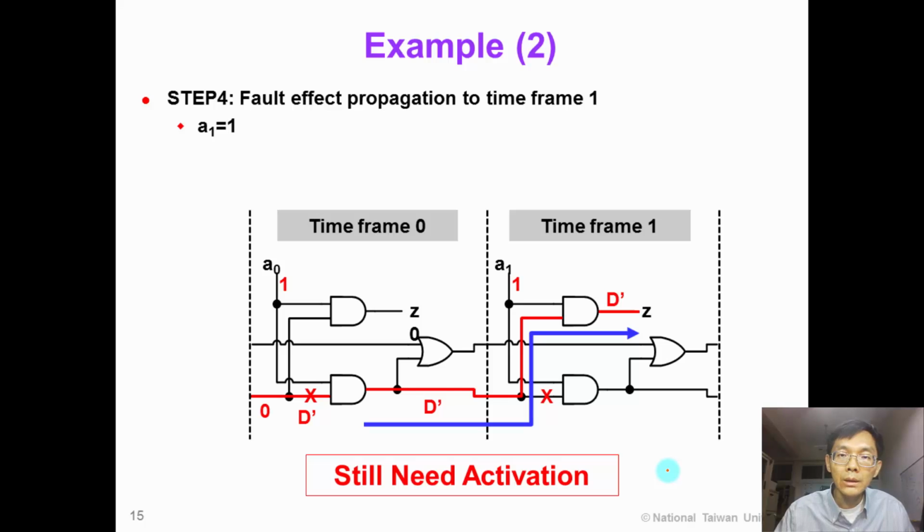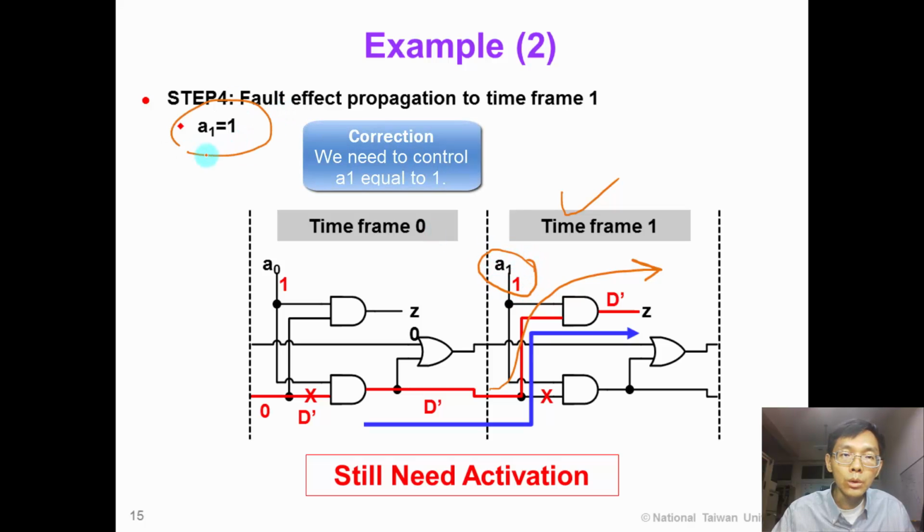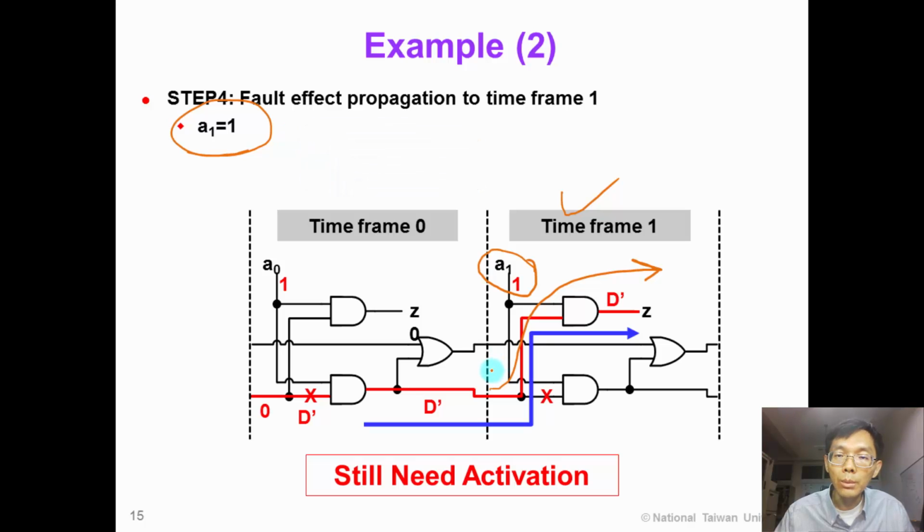This test is not done yet because Y1 is not a primary output, so we still need to propagate to the right. Now let's create a new time frame 1, and we will try to propagate the fault effect to the primary output Z. To do this, we will need to control y1 equal to 1. In this way, we can successfully propagate the fault effect to the primary output. But this test is not done yet because we have not yet justified this 0.